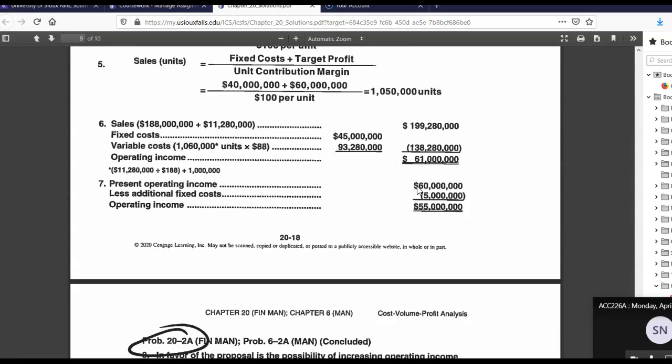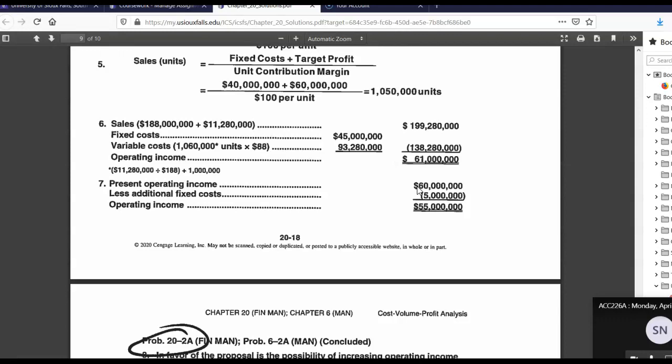Number 7 is a really great question. It says, if the proposal is accepted and the sales remain at the current level, what will be the operating income or loss for the following year? And I'll tell you, you know who would ask that kind of question, or who would love to hear the answer to that question if you went with this proposal?